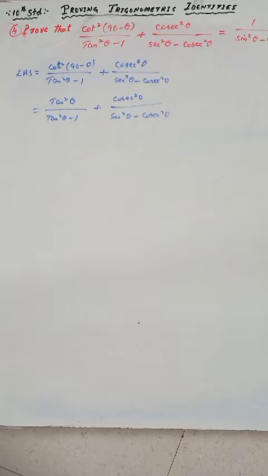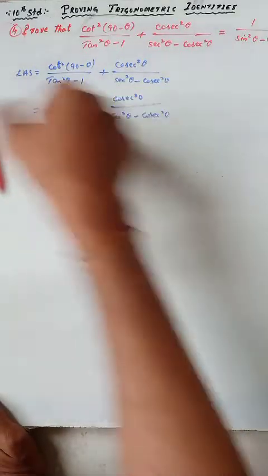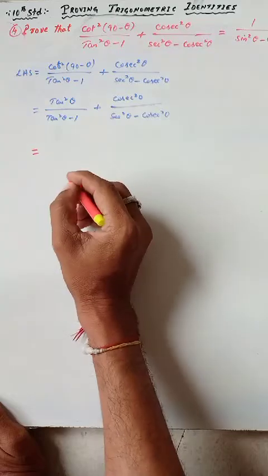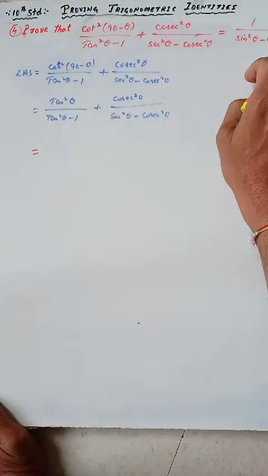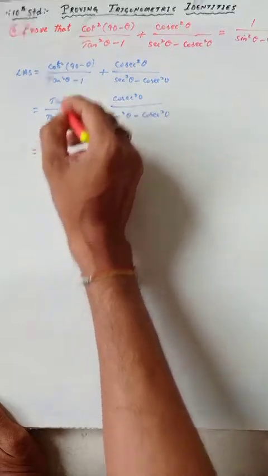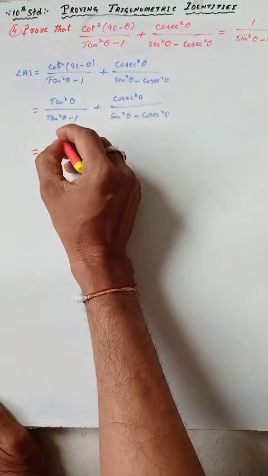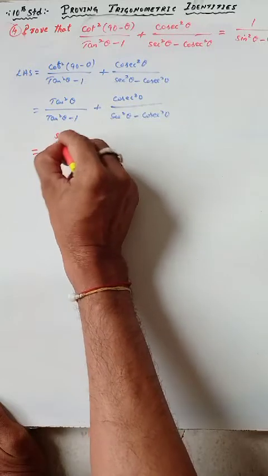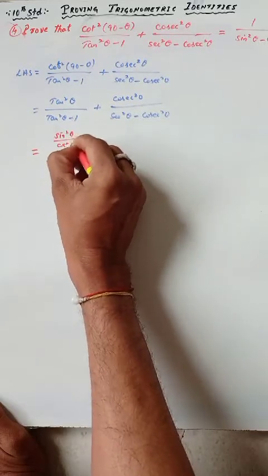As I told you, if tan or cot comes, we have to go for transposition, that is, convert to sin and cos. This is very easy because we have to get everything in terms of sin and cos. Tan is defined as sin by cos, so write tan squared theta as sin squared theta by cos squared theta.